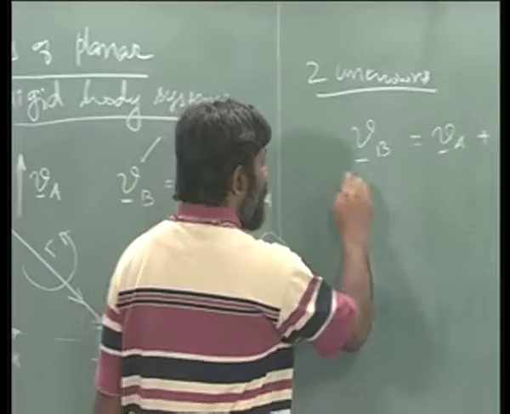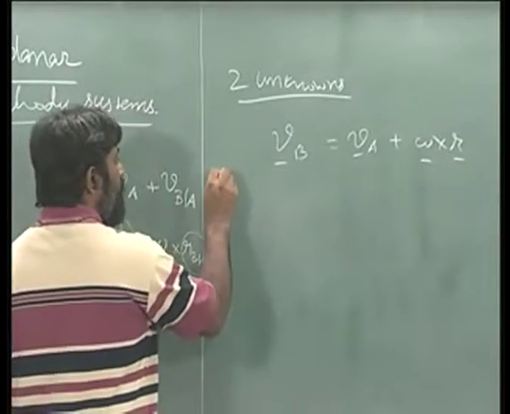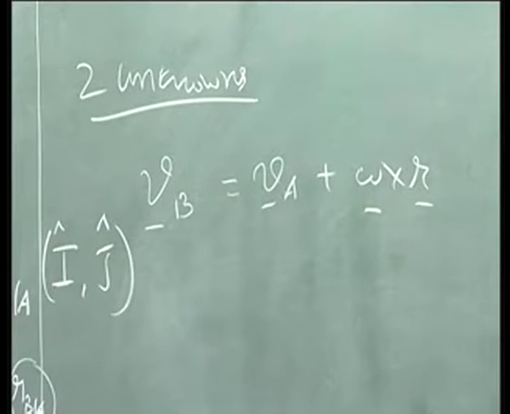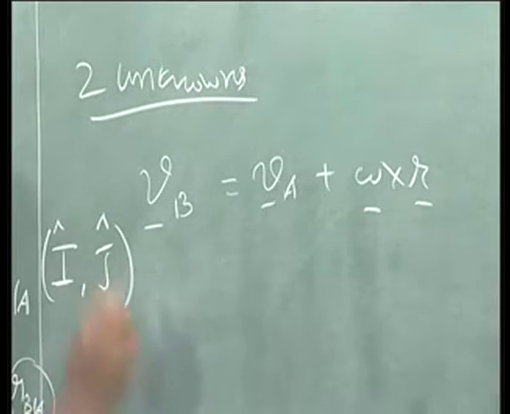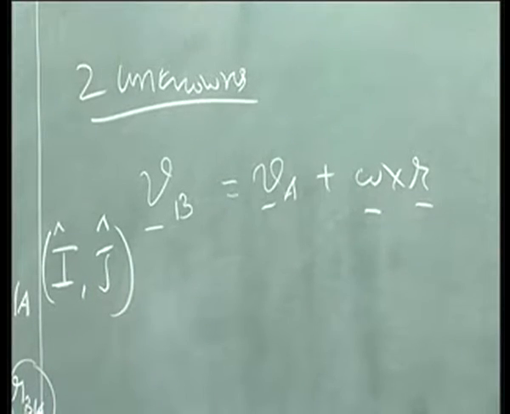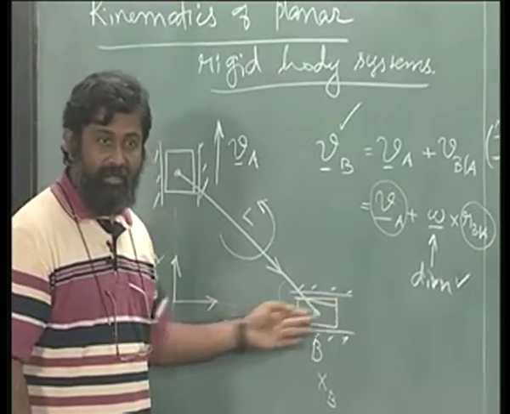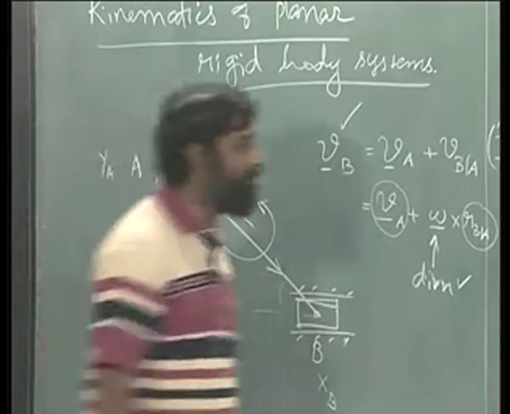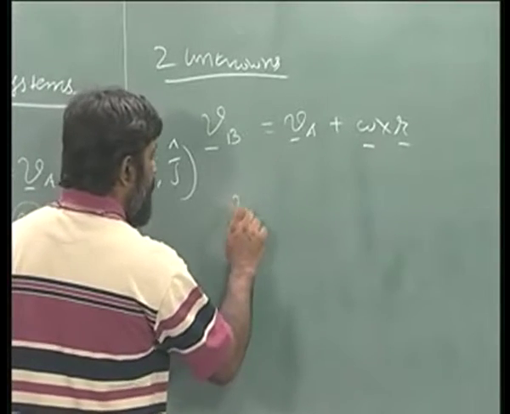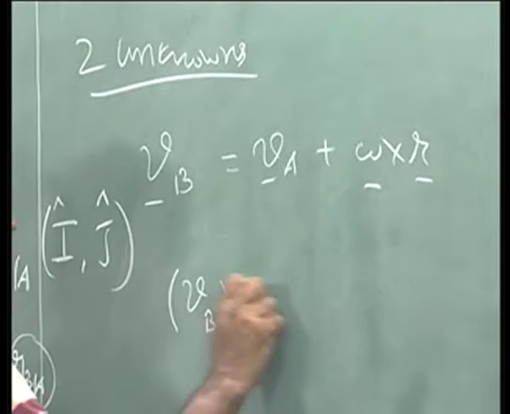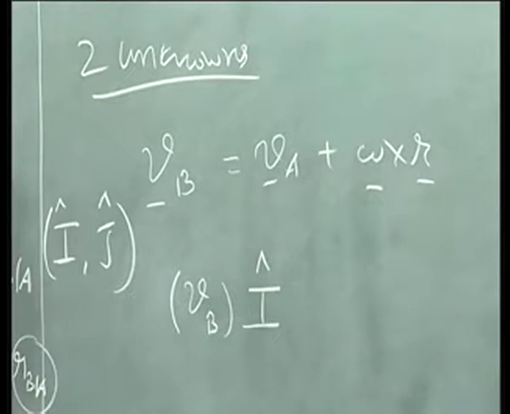So, if I write this in terms of capital I and capital J vectors, it becomes easy for me. What is Vb? The direction of the velocity is already known, which is Vb, the value, times the direction, known to be along I direction.